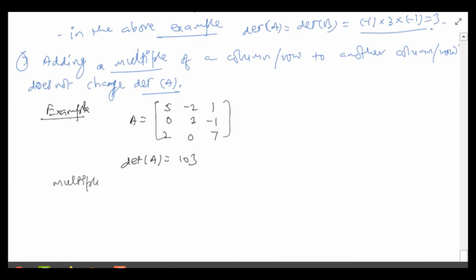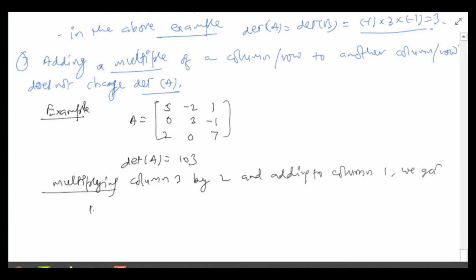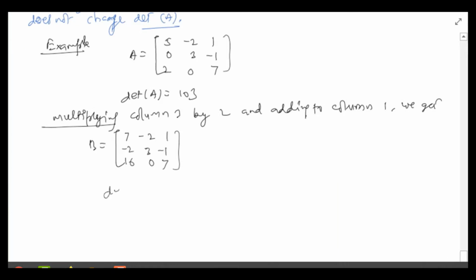Multiplying column 3 by 2 and adding to column 1, we get B equals, say, 7, minus 2, 1, minus 2, 3, minus 1, 16, 0, 7, and the previous property says that determinant of B would be the same as determinant of A.